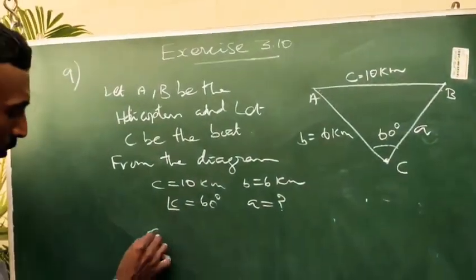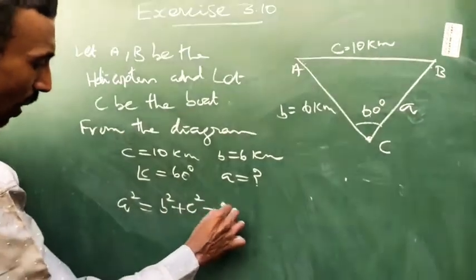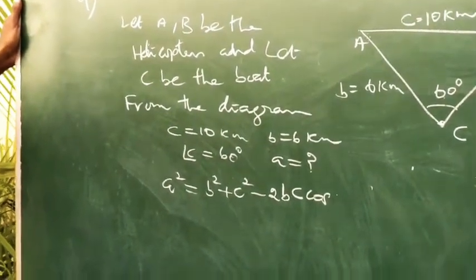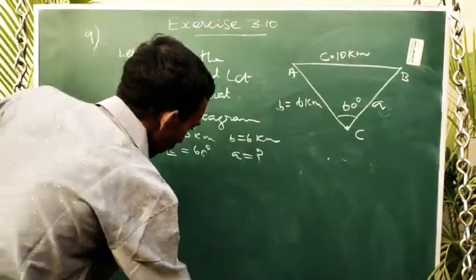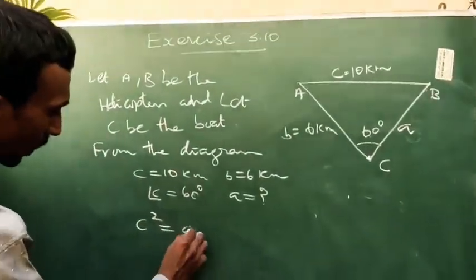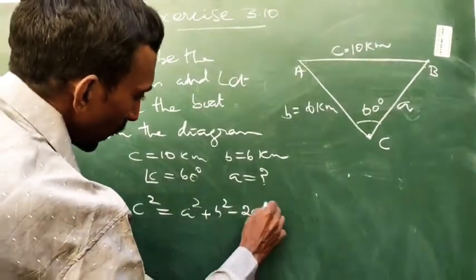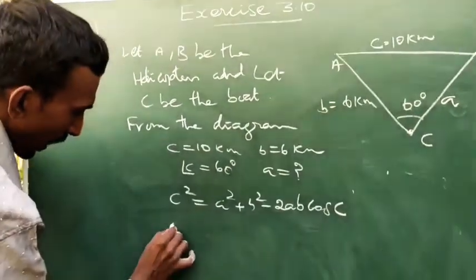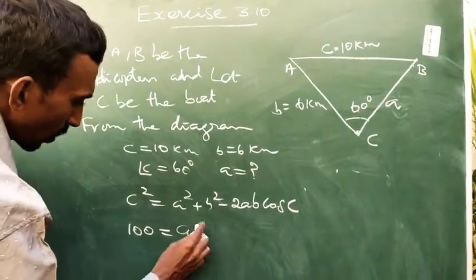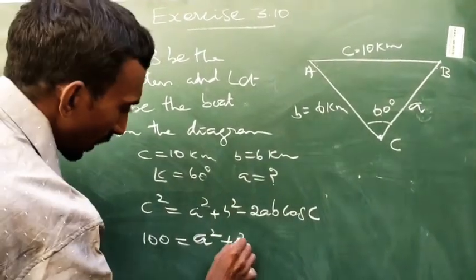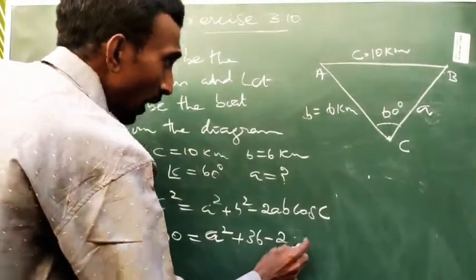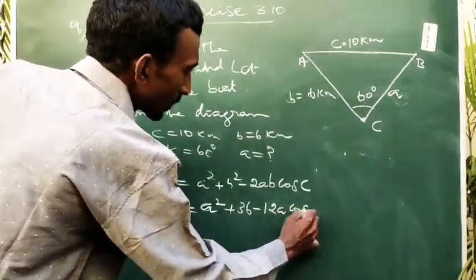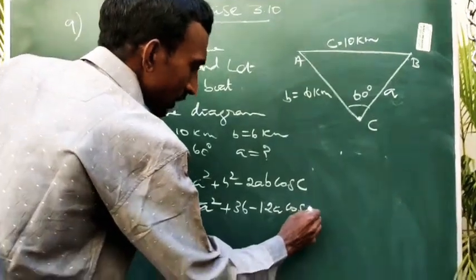Again the cosine formula: a square equal to b square plus c square minus 2bc cos A. Sorry my dear student, here only angle C is given, so we need to write in terms of C. So c square equal to a square plus b square minus 2ab cos C. So use the known values. c is 10, so 10 square, 100, equal to a square, the unknown value, plus 36 minus 2a, b is 6, so 2 into 6, 12a cos 60.